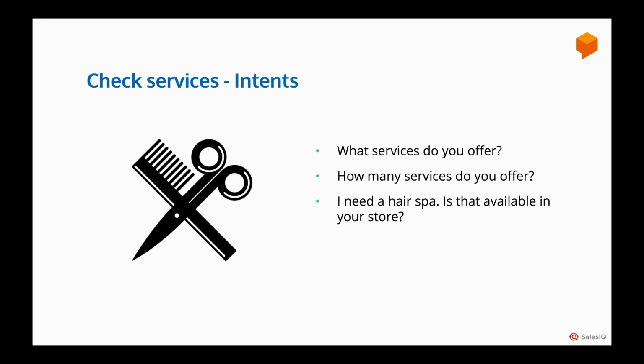All right. So running back to our hair salon example, let's assume we have an intent called check services, and I'm going to define training phrases for this intent. Like, what services do you offer? How many services do you offer? So I'm going to add different invocations of the same question, at least 10 different invocations for the bot to get trained for it.